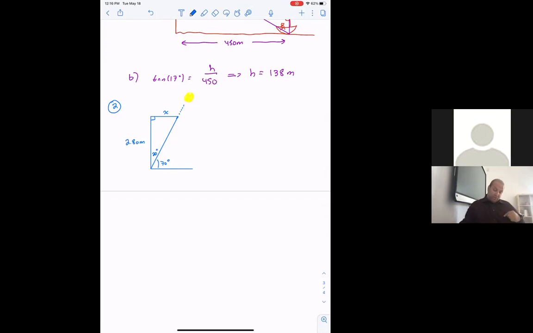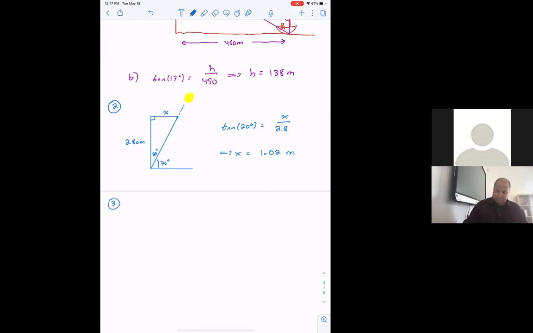Now that I have that, 20 degrees, I have adjacent, I want opposite, adjacent, that's tangent. So tangent of 20 degrees equals opposite over adjacent. Therefore, X is equal to 2.8 times tangent of 20 degrees. Write your answer to 2 decimal places. That's 1.02, and the units are meters.